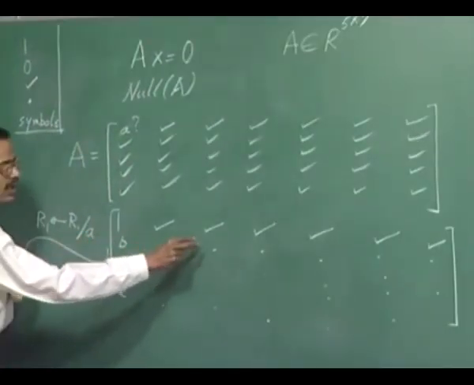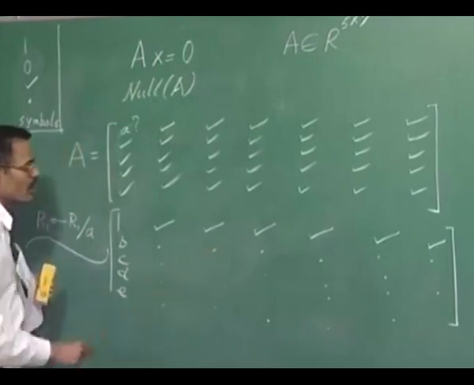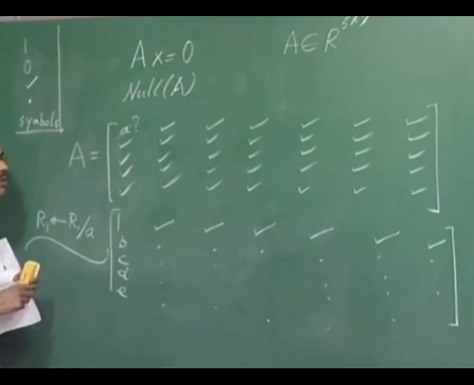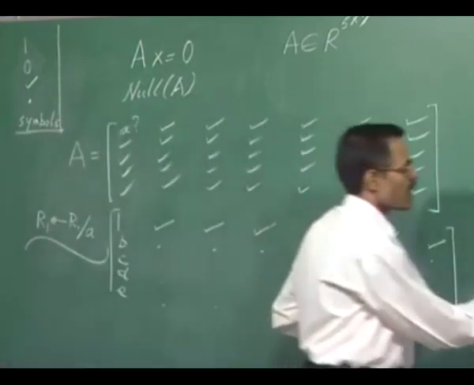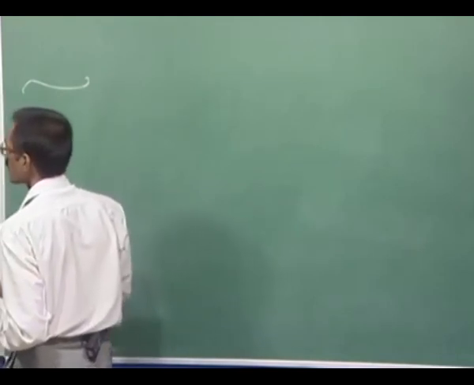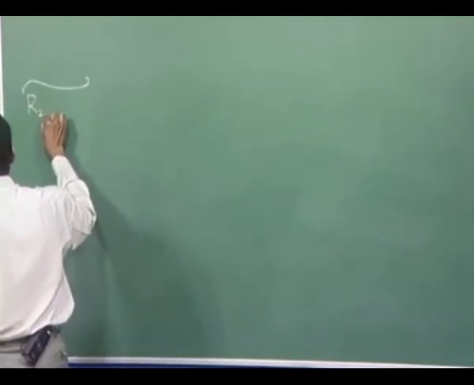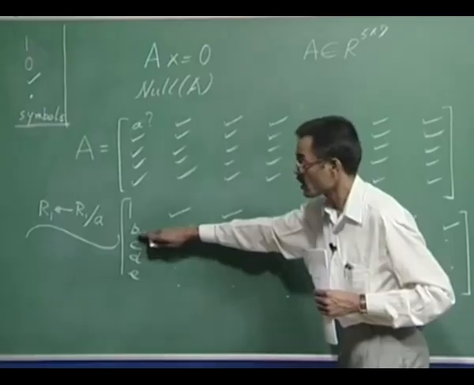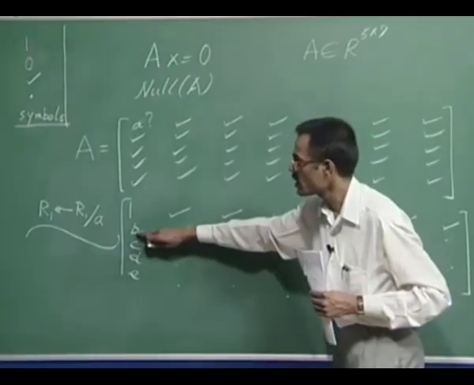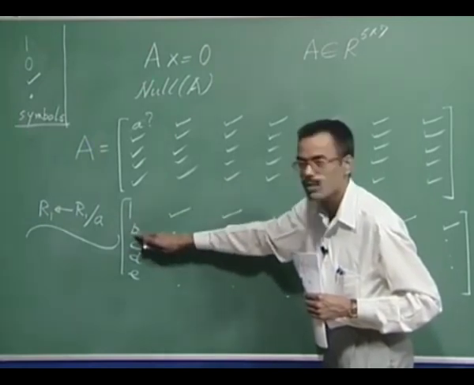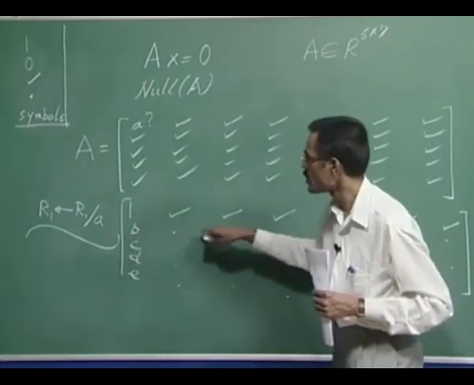Then whatever happens in the later entries, one thing is sure, that here we will get 0. So, the next elementary row transformation will be a set of 4 transformations: from the second row, subtract B times the first row. So, B minus B into 1 will give 0 here, and other entries will appear here.